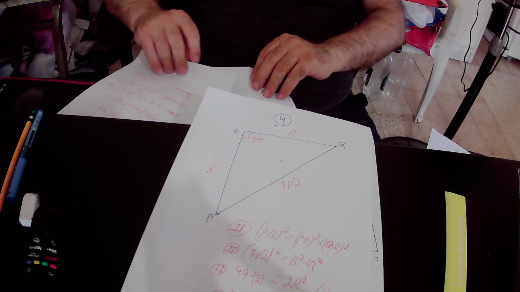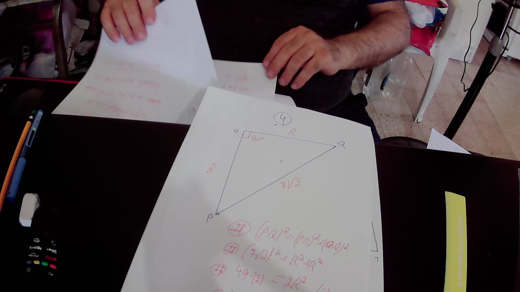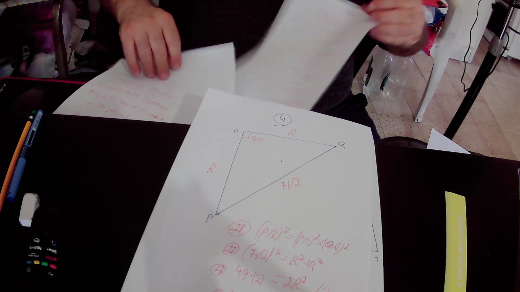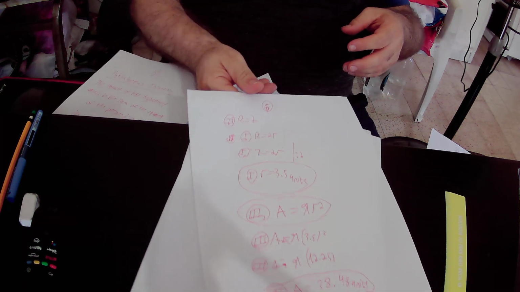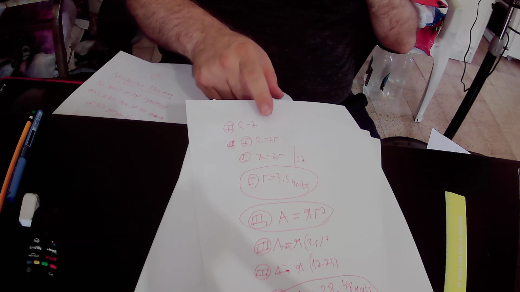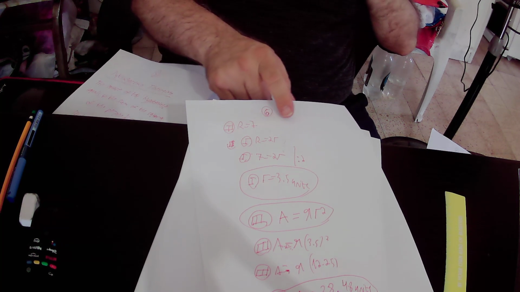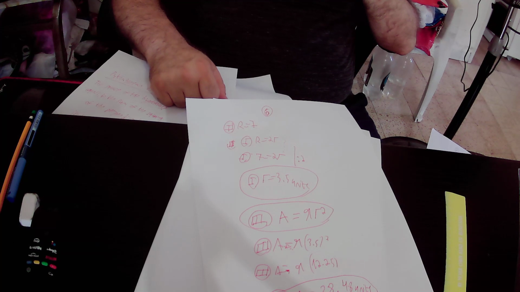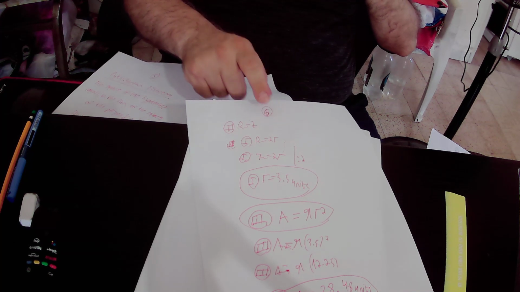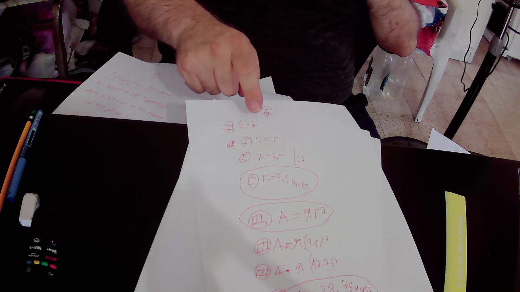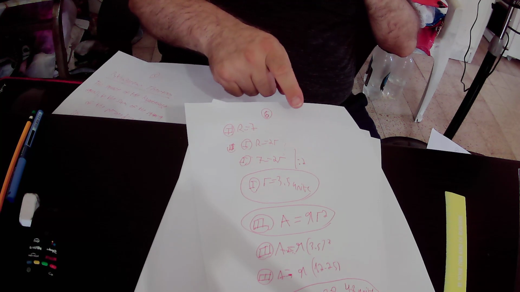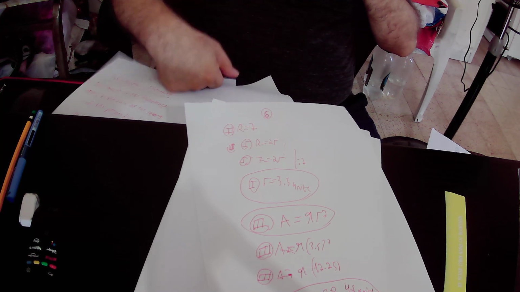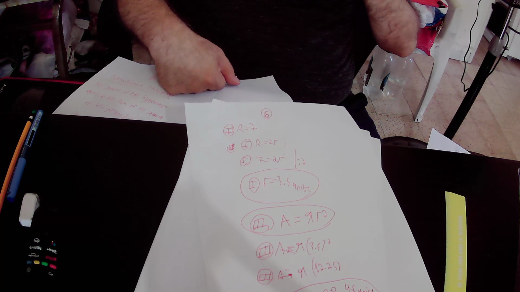So from one side R equals 7 units, and from the first equation you know that capital R equals 2 times small r, so we can substitute capital R by 7. We get that 7 equals 2 times r. We divided the equation by 2 and we got to the answer that small r equals 3.5 units.